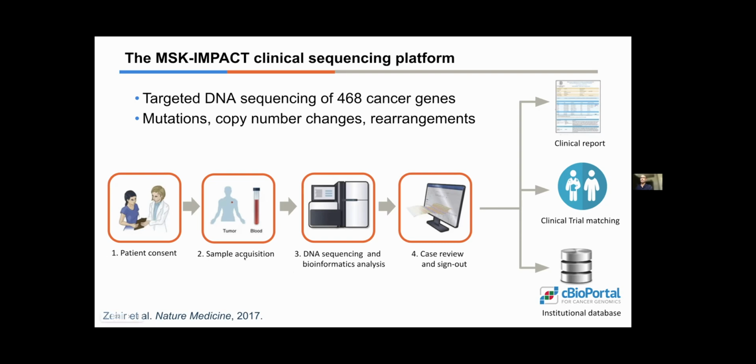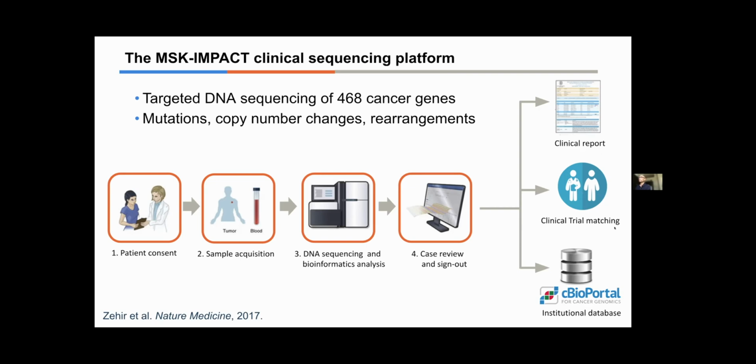This is the workflow. The patient goes through a consenting process, surgery or biopsies happen, and a matched normal, which is blood, is sequenced, and then eventually reviewed and signed out. And again, it's not trivial, but there's a great process at MSK where clinical reports are generated.